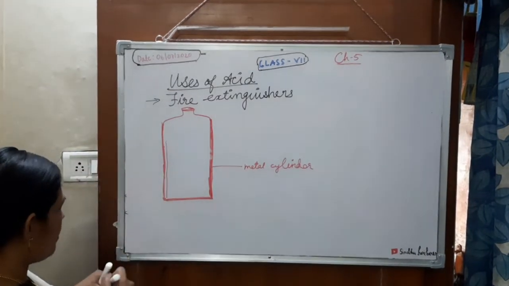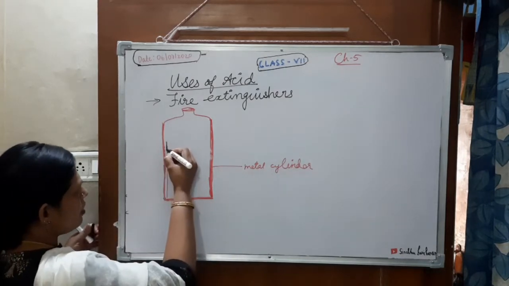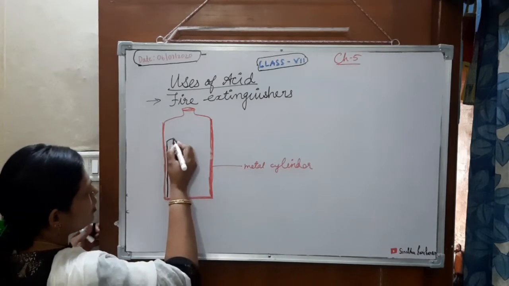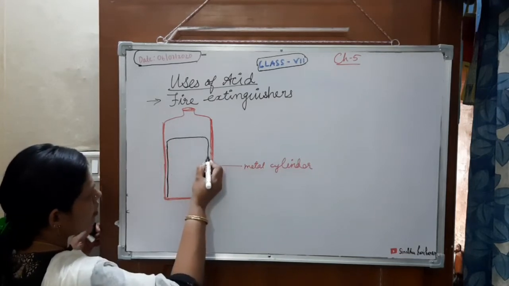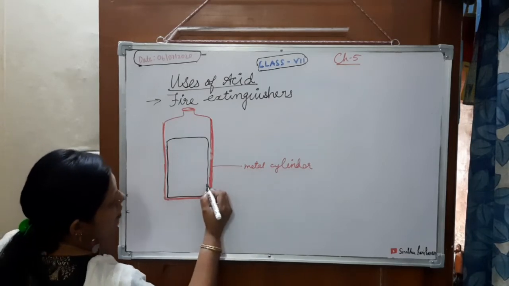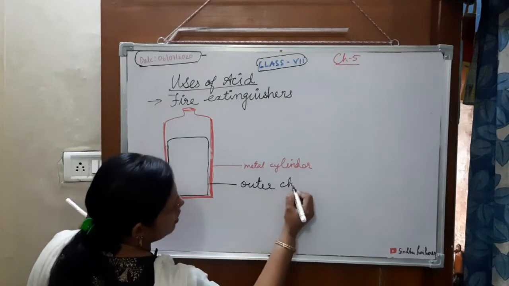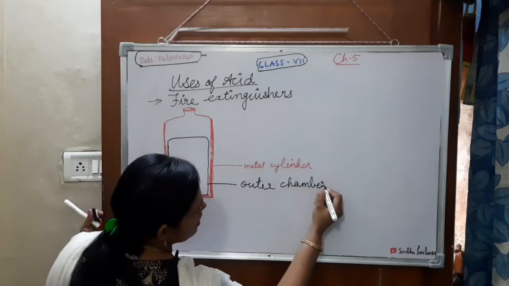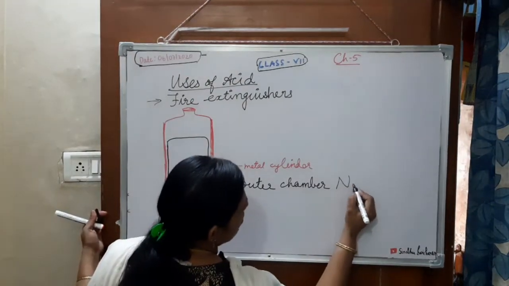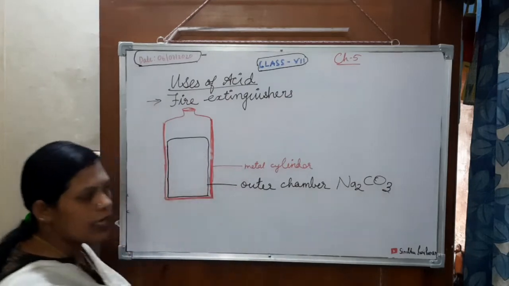I will show the inside with this black one so it will be easy to see. The first chamber is the outer chamber, and it is filled with sodium carbonate, Na2CO3.